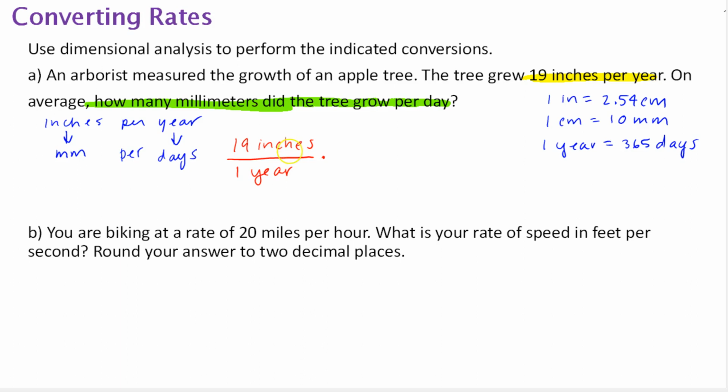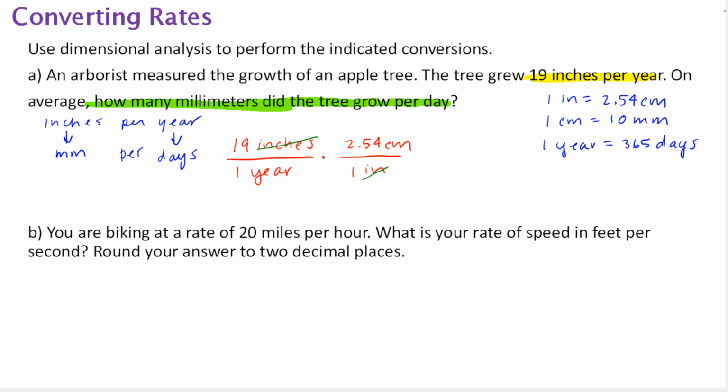So to change inches to millimeters, first we'll change inches to centimeters. Okay. So since we want the inches to cancel, I'm going to put the inches on bottom, 1 inch, and the centimeters on top. Okay. So now notice that here we have inches on top, inches on bottom. They will cancel. So if we were to compute this right now, we would have centimeters per year.